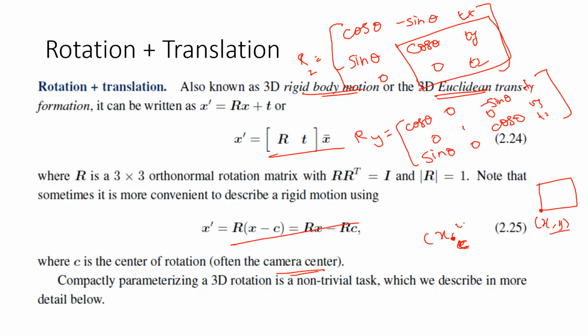So the x and y should become the camera center. So what I'm doing is I'm subtracting the x with the center value. So x minus c, which makes this x to the center of the camera. Then R of (x minus c) will become Rx minus Rc.